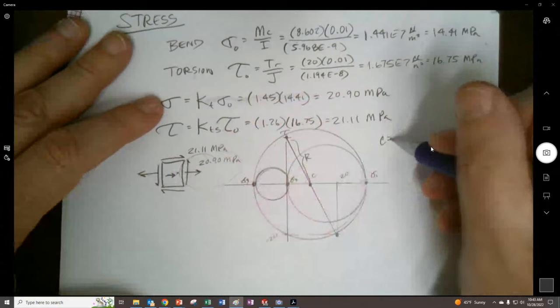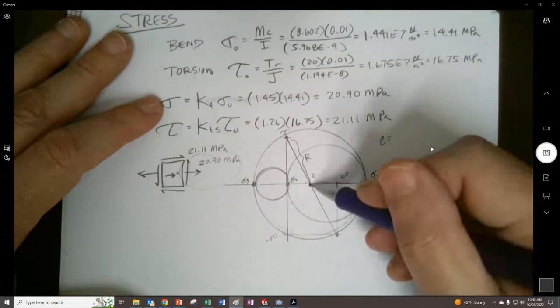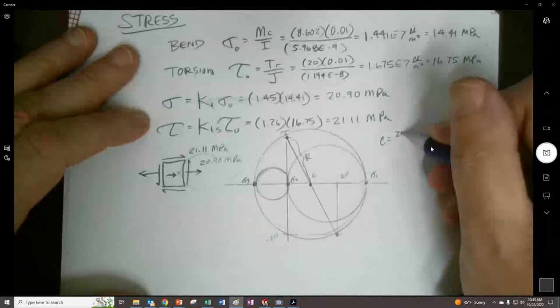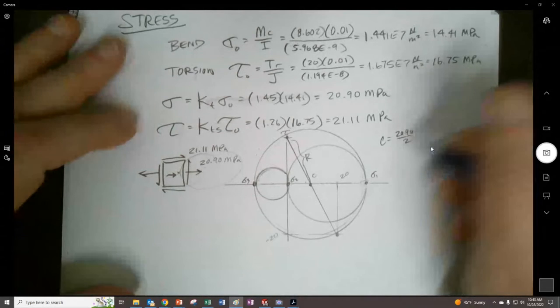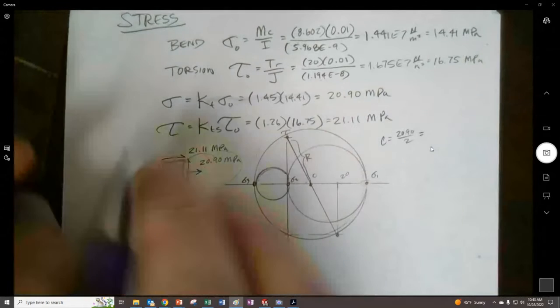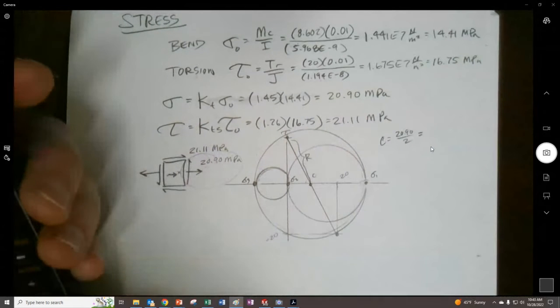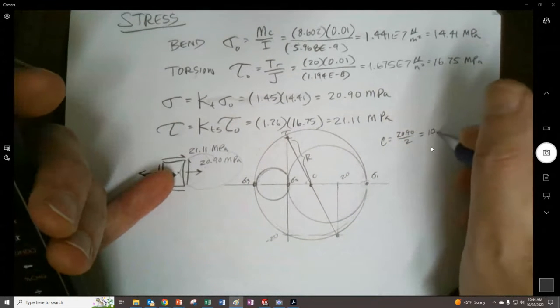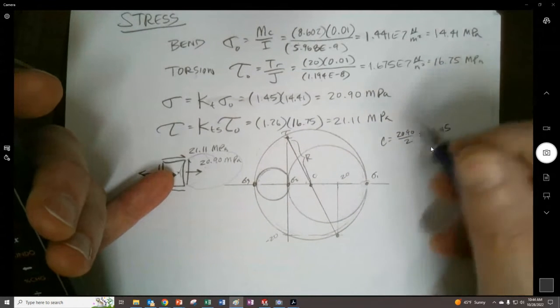Now, in terms of numbers, the center right here is just going to be this divided by 2. So 20.9 divided by 2 is 10.45.